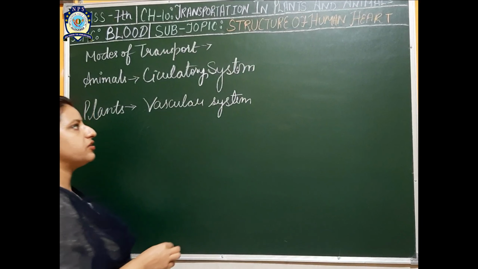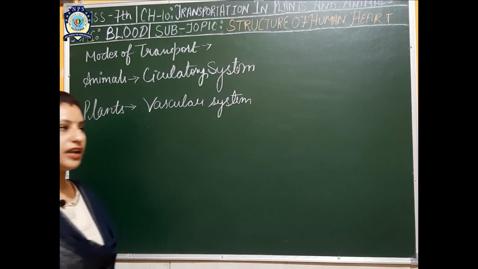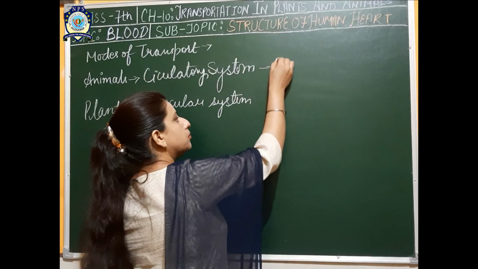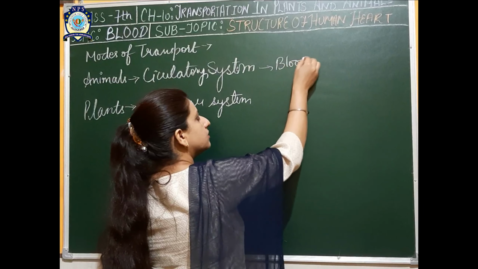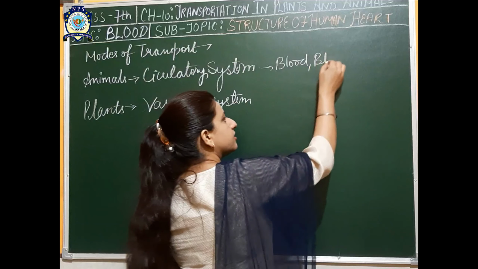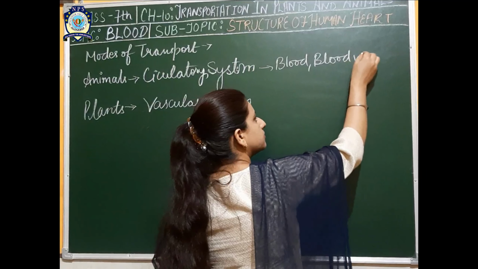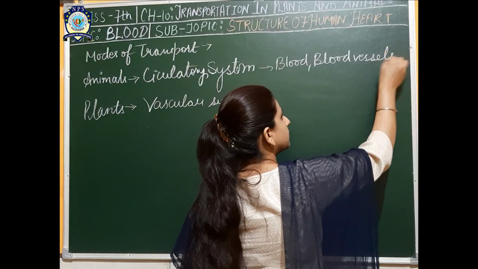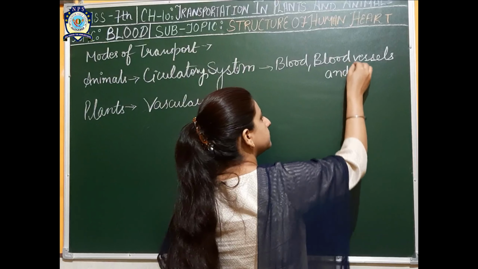The circulatory system, which is in case of animals, includes blood vessels and heart.